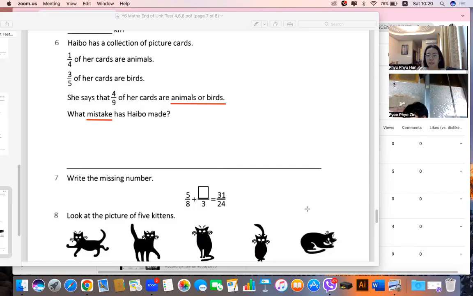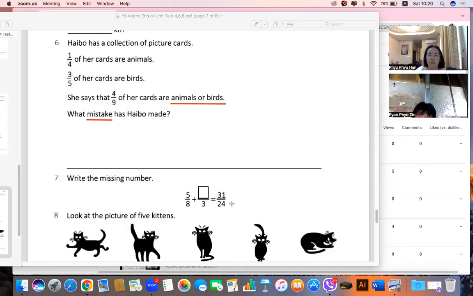So she says that 4/9 of her cards are animals or birds, which should be animals and birds. Okay, so we will try to check whether she really made this mistake.